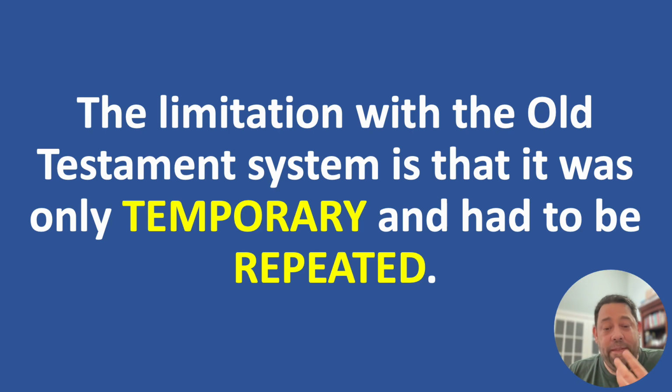In fact, even on their special day, the Day of Atonement, where all the sin of all of Israel, both known and unknown, intentional and unintentional, was forgiven, wiped clean, the slate was freed, even that had to be repeated every single year. And so it was a temporary, repeated system that was ultimately going to be fulfilled and therefore no longer needed.